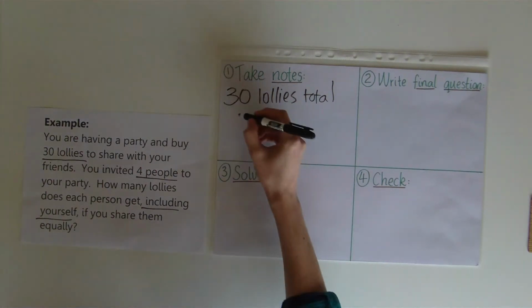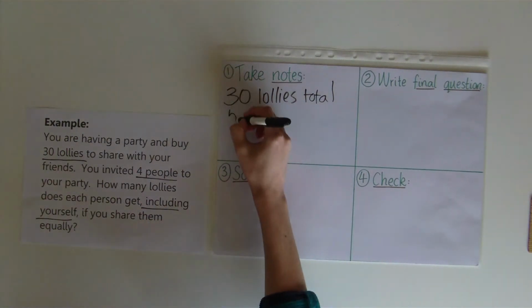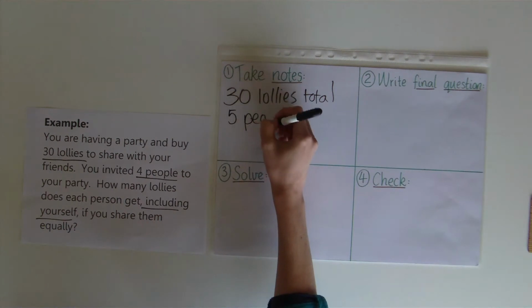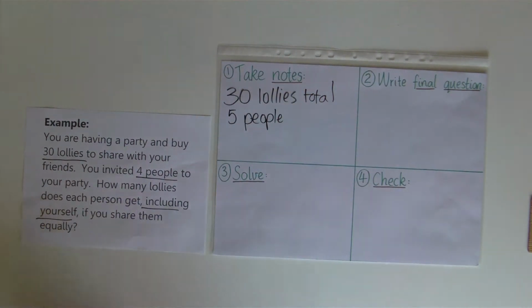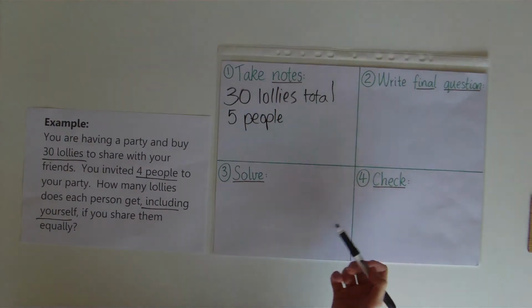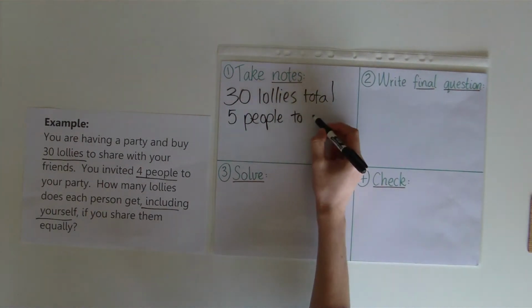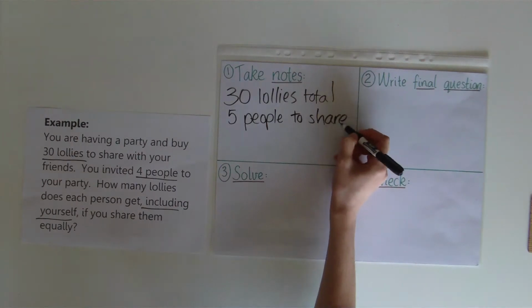And then I'm going to write that there are 5 people, because there are 4 people at the party, including yourself. So 4 plus 1 is 5 people to share equally.